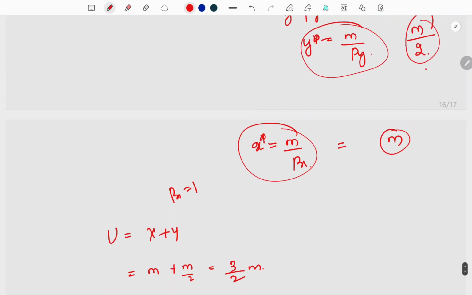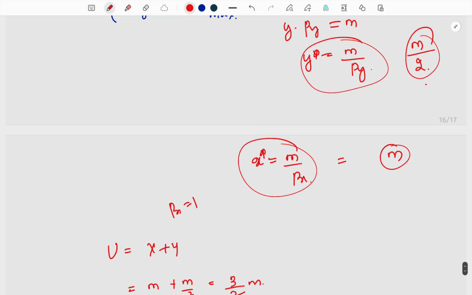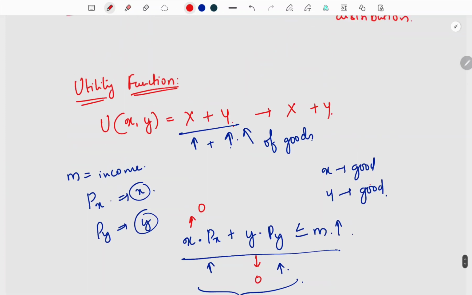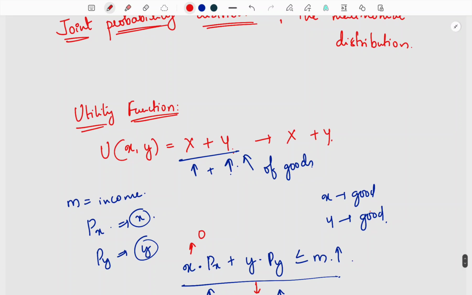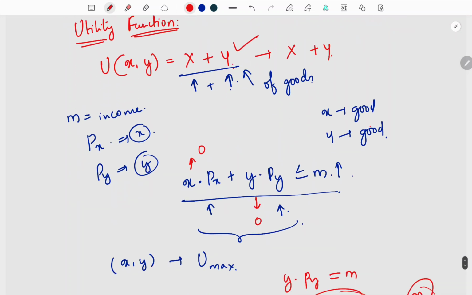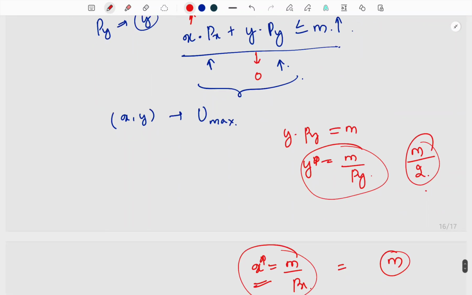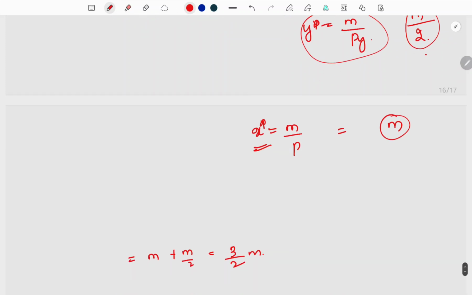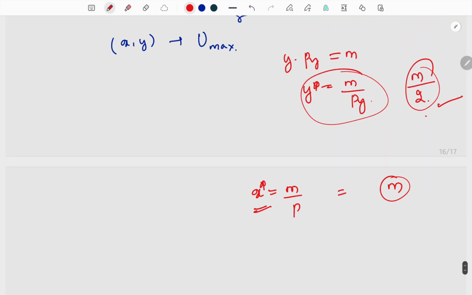And why are we taking m by 2 when we can get m amount of utility by just consuming x? There is no necessity or obligation to consume good y, right? And obviously if you consume x, you will get, sorry, I just made a mistake here. It's not like 3 by 2. We are not consuming the whole of x plus y, and I'm just telling you that suppose you consume full y, you will get m by 2.